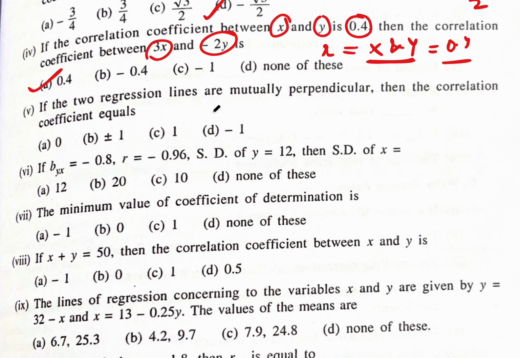Now if two regression lines are mutually perpendicular, then what is the correlation between them? If this is my one line and this is my another line, and they have a perpendicular relationship, I will say it's 0, but let's see.